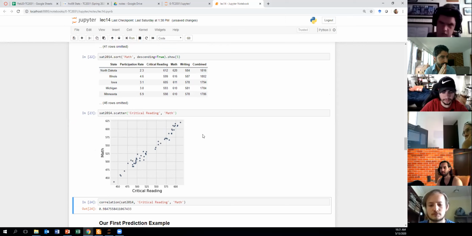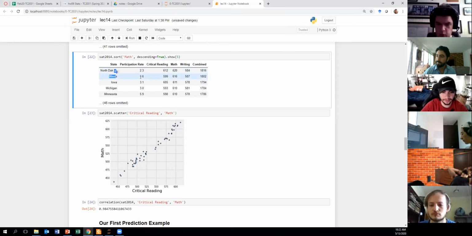Yes. Any other idea? So remember, this table is for the average in all of North Dakota, all of Illinois. 4.6% of the students attend this exam, and this is the average of all the students in this state.